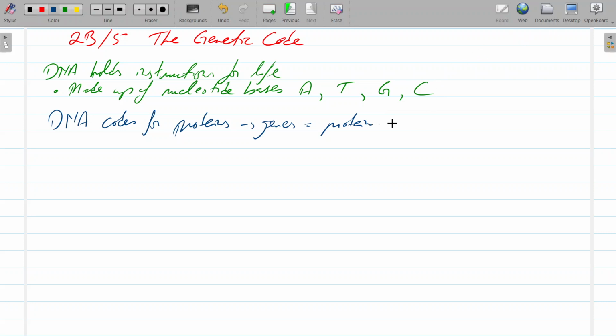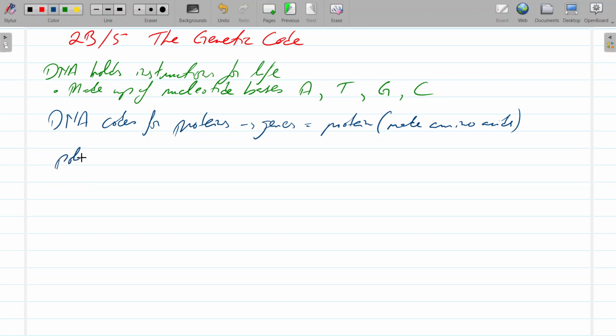And proteins are made of amino acids, right? And a single polypeptide, just to highlight, I think I've mentioned this earlier as well.